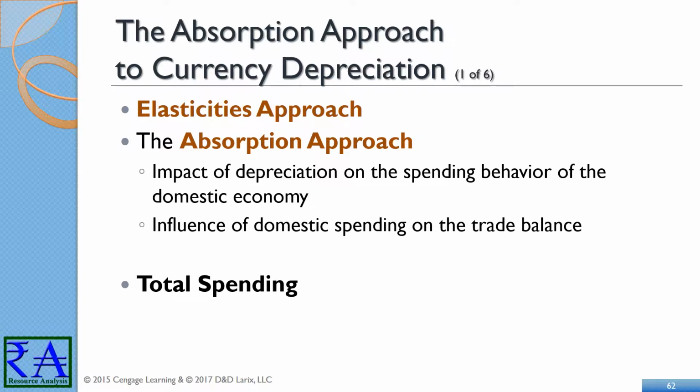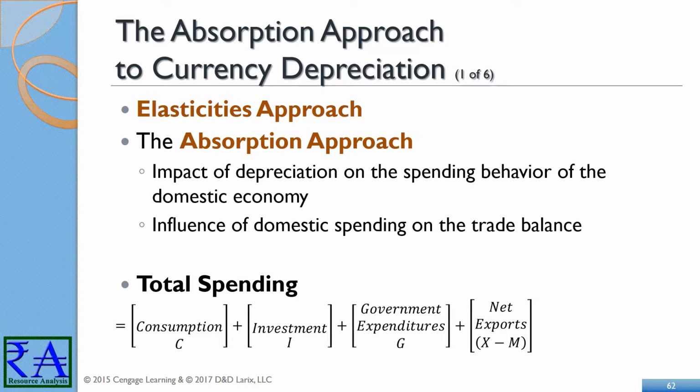We start with a relationship we identified earlier for total spending, also called domestic output, as being the sum of consumption, investments, government spending, and net exports. Net exports being the difference between the total exports and the total imports.